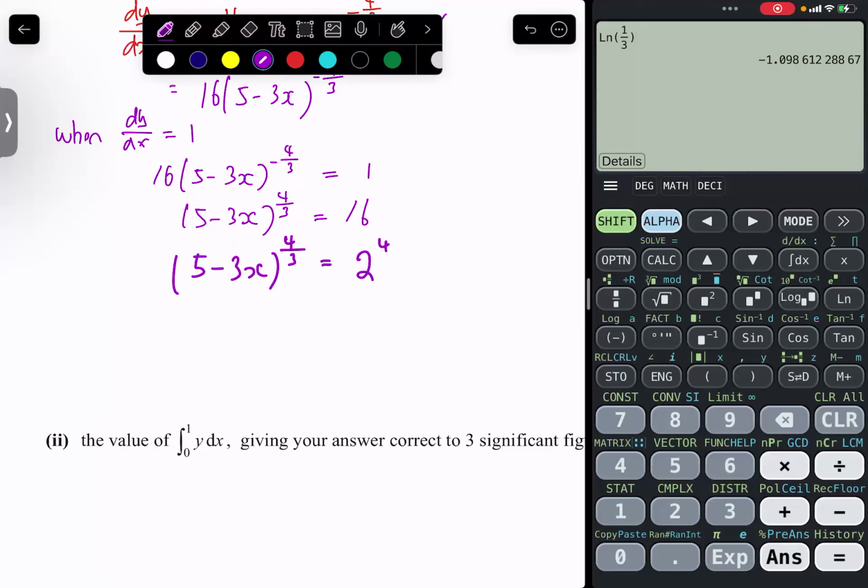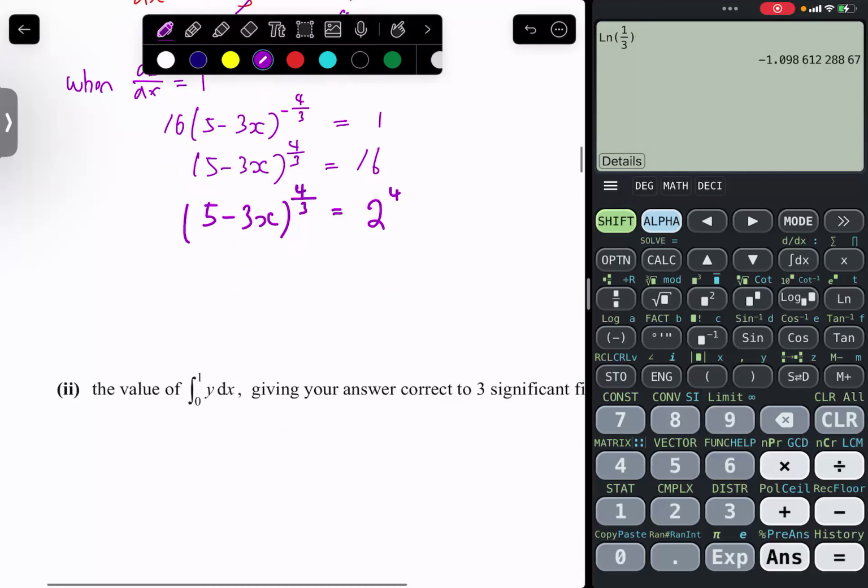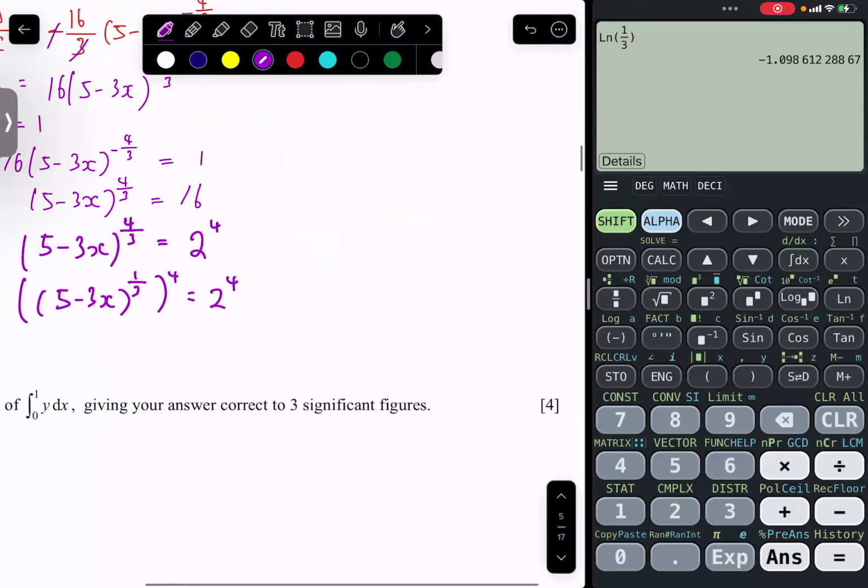I can do it this way. Since they are the same, they can have the same power. So we can say (5 minus 3x) to the power of 1/3, to the power of 4, equals 2 to the power 4. Then we take away the power 4, and 5 minus 3x to the power of 1/3 equals 2.